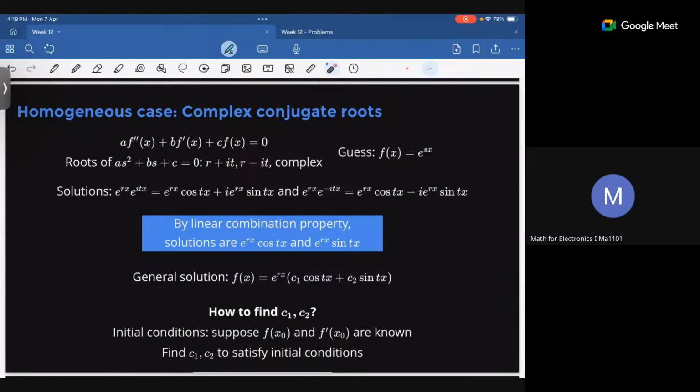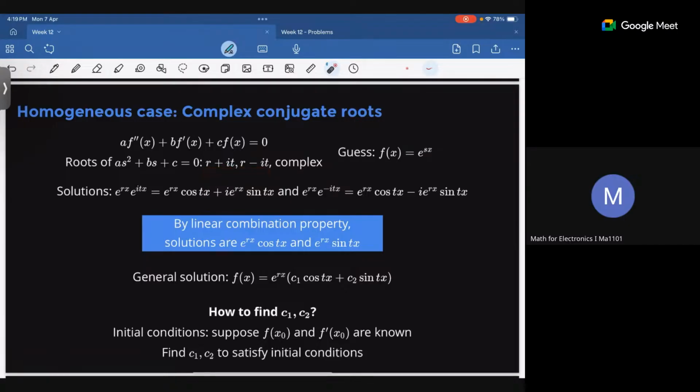If one root is r plus it, another root will be r minus it. Here also the guess will be e power sx only, and we substitute it and get the auxiliary equation as s square plus bs plus c equals 0, which is again a quadratic equation, but the only change is that the roots are complex conjugates, r plus it and r minus it.